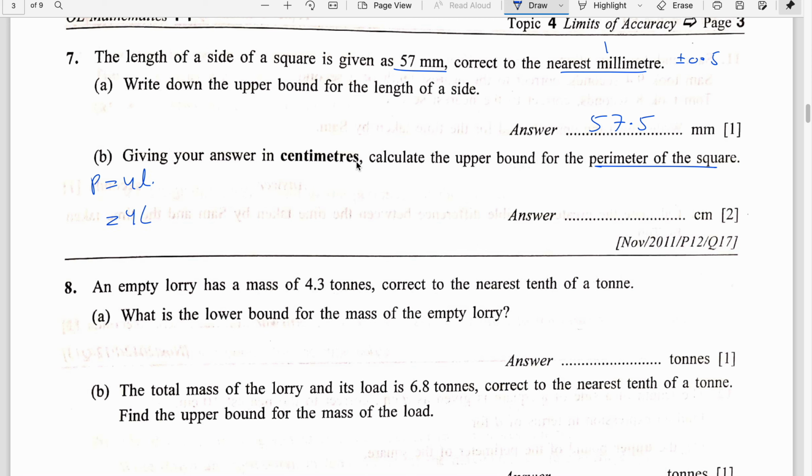Either you multiply it directly with the upper bound, that is 57.5, or you first multiply with the length and then add 4 times 0.5, that would be 2 millimeters, at a later stage. So rough working, 57.5 times 4, 4 times 5 is 20, 7 times 4 is 28, 29, 30, 4 times 5 is 20, 23, and adjustment of decimal. So upper bound of the perimeter is 230 millimeters, 23 centimeters.